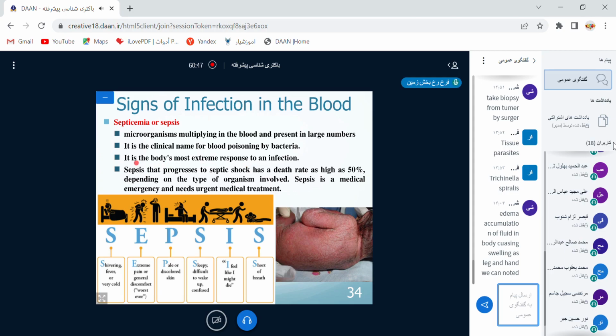So it is very dangerous. Because you know, the veins in our body look like the roads in a country. If all roads of a country are in the hands of terrorists, it is very dangerous.